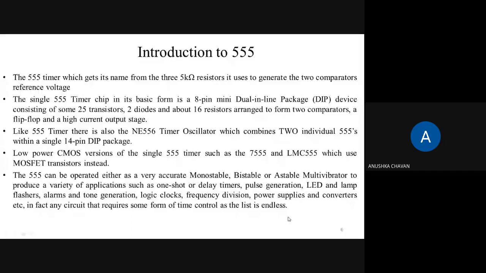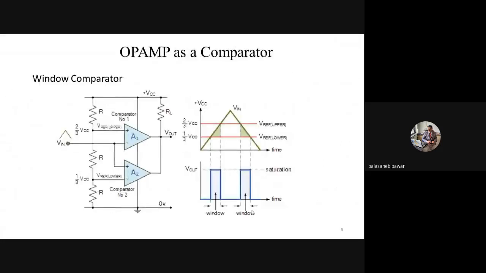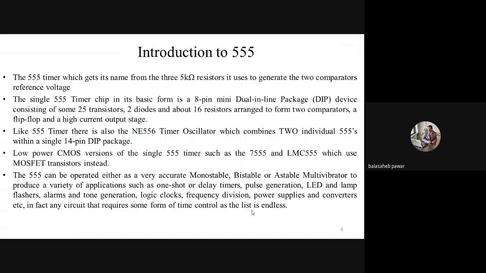Okay. So yesterday we discussed up to the window comparator and all that using op-amp. Today we'll see another device, a very versatile device, that can be used to generate pulses, which will be useful to trigger the transistor, MOSFET, BJT or IGBT used in the SMPS circuit as a switching element.